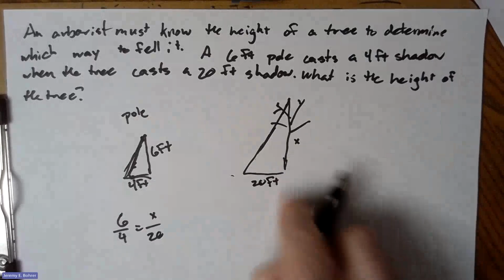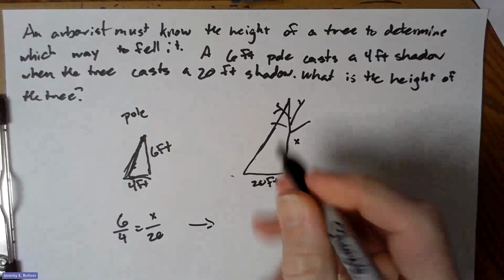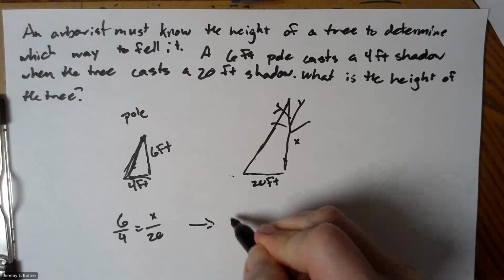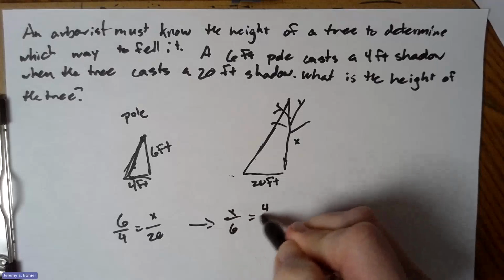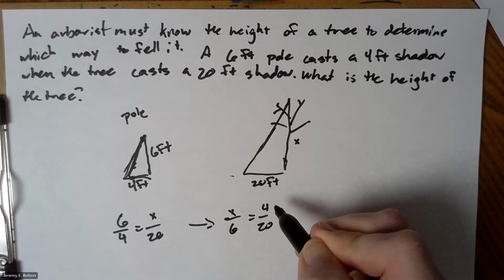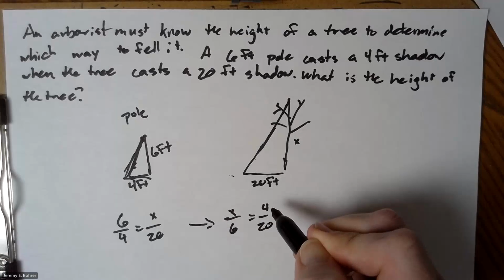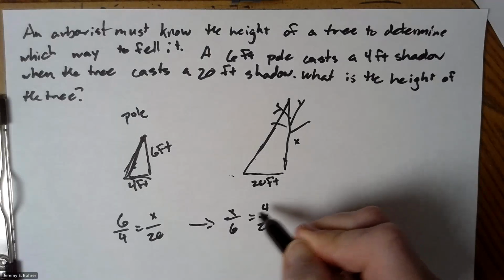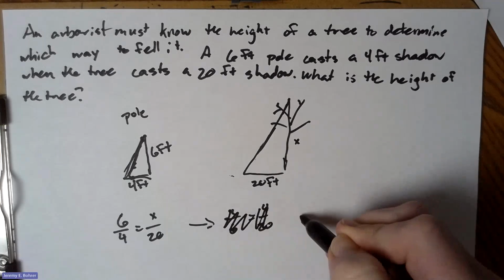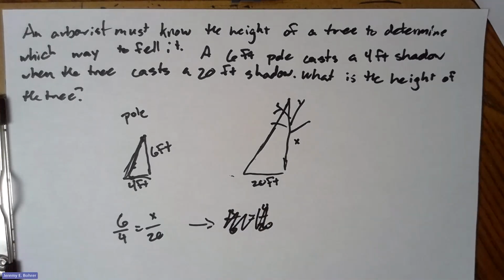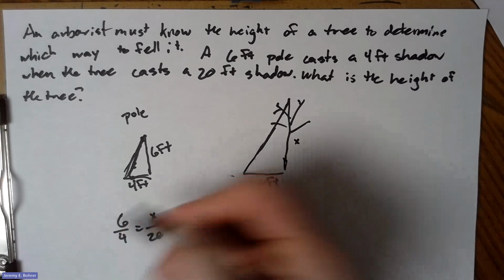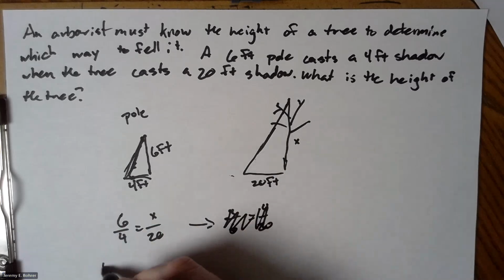Notably, we could do this like this instead. X over 6 equals 4 over 20. It's actually 6x equals 4 times 20, but we're not going to worry about that. 4x equals 6 times 20, which we're going to get when we cross multiply here anyway.